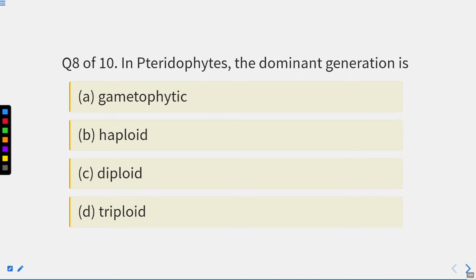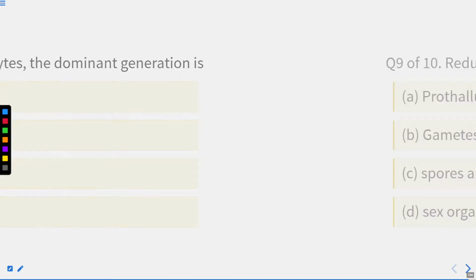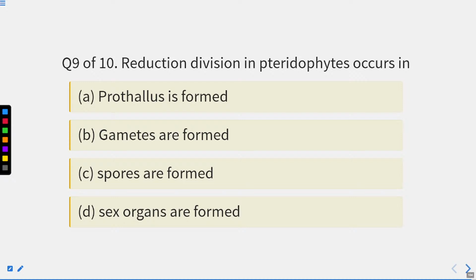Okay, moving to the next question. Reduction division in the pteridophytes occurs where? In prothallus formed, gametes are formed, spores are formed, sex organs are formed.